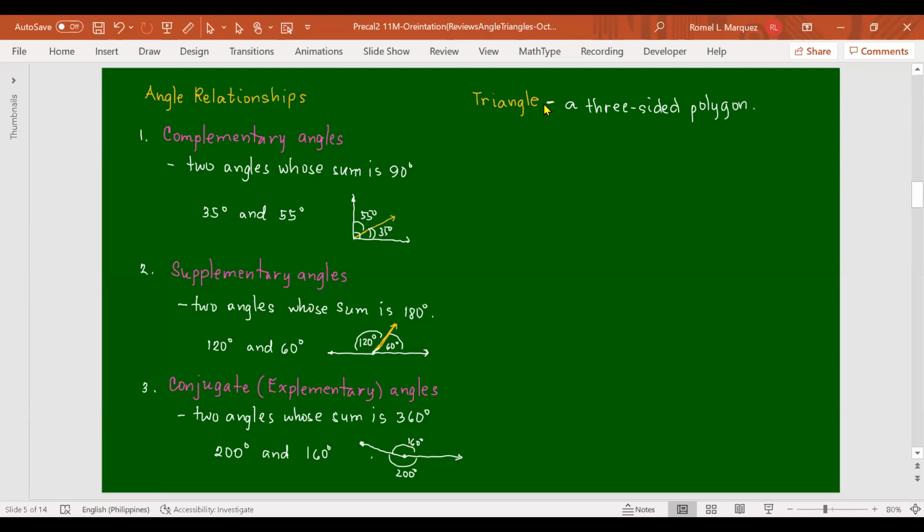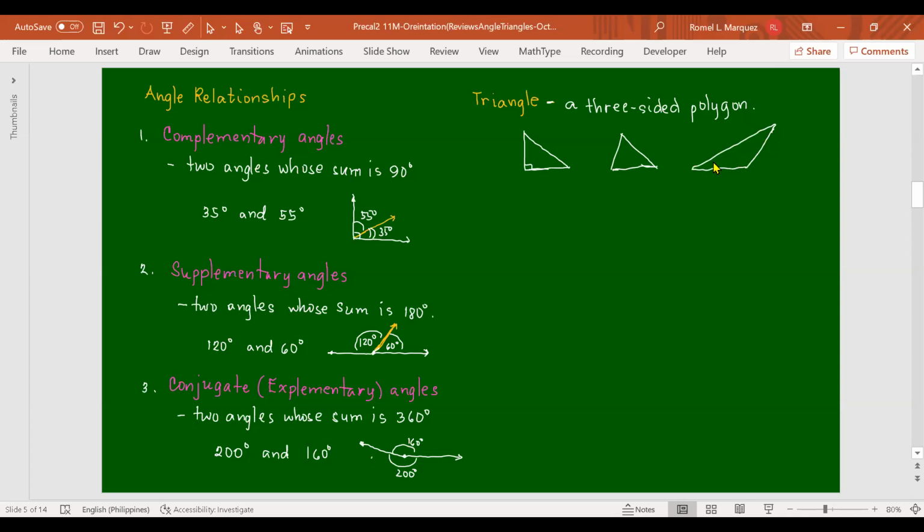Now, here are examples of triangles. We have this triangle. I can have this triangle, or I can have this triangle.